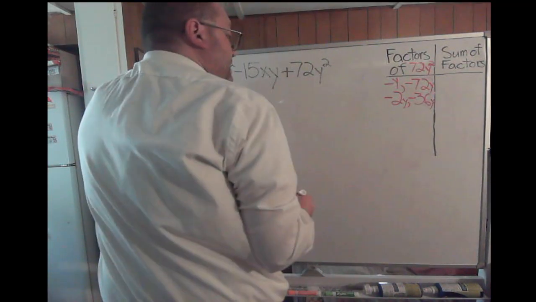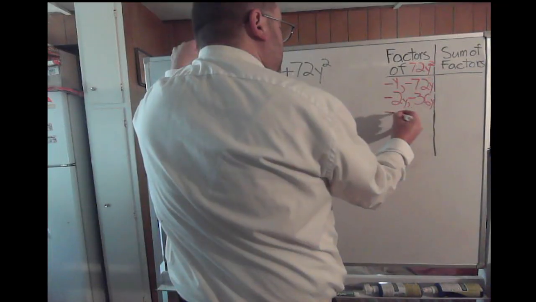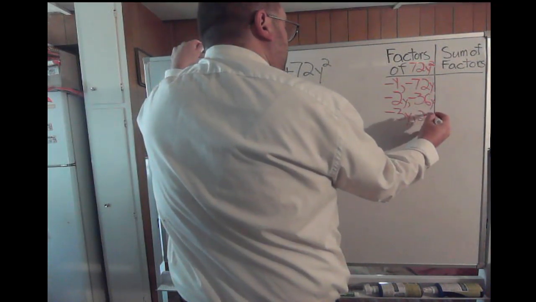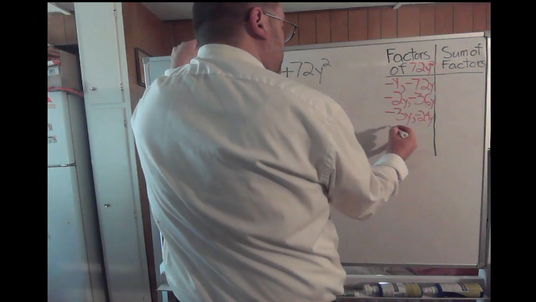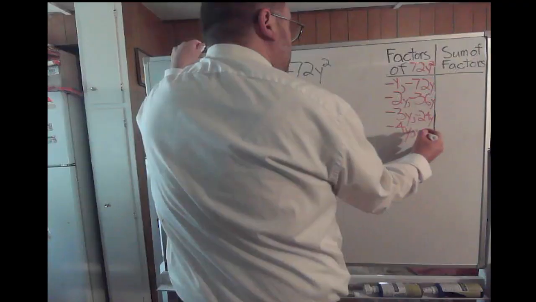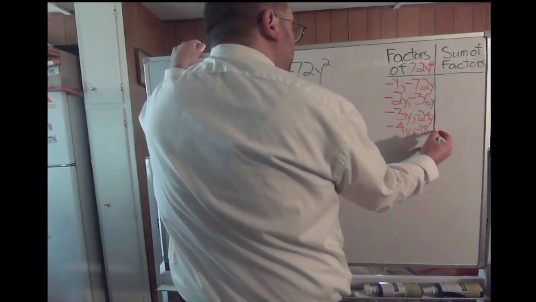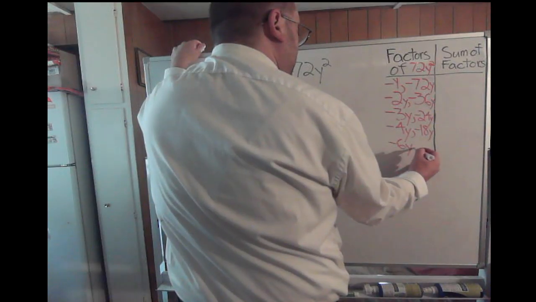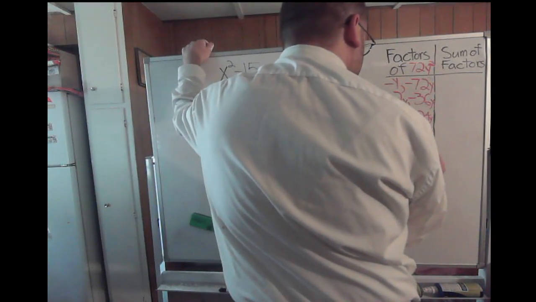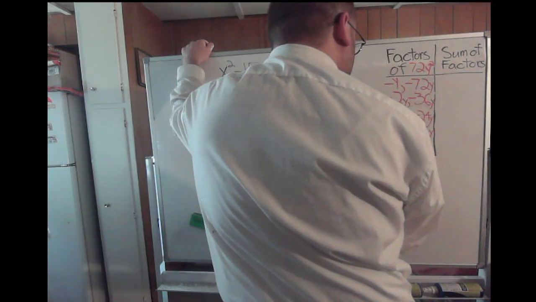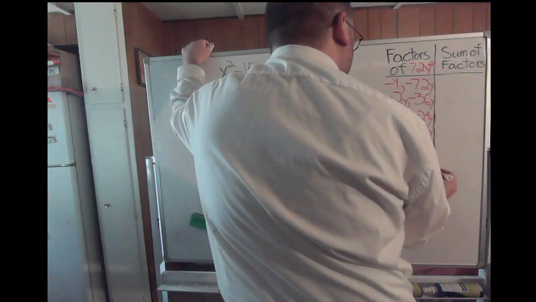Okay. How about, let's see, negative 3y, negative 24y, negative 4y, negative 18y, negative 6y, negative 12y, then negative 8y, negative 9y.